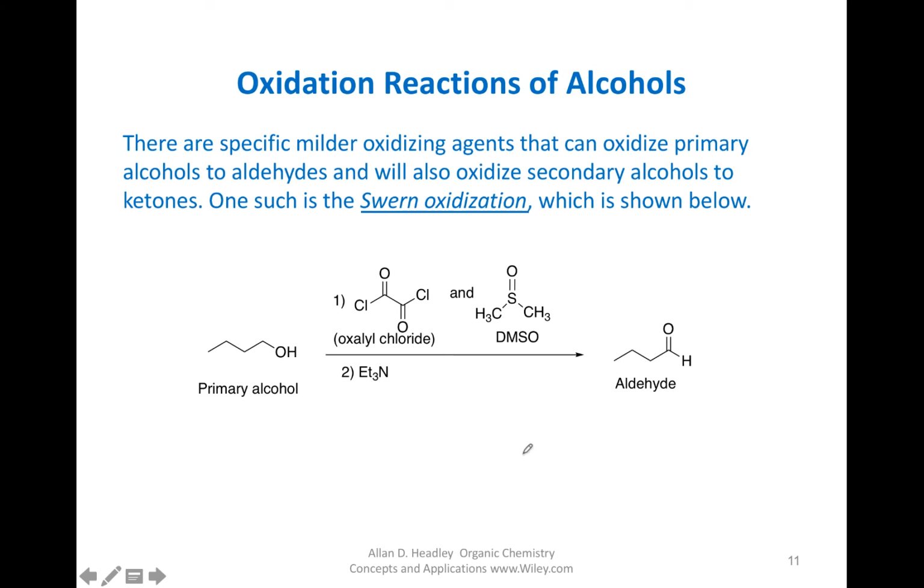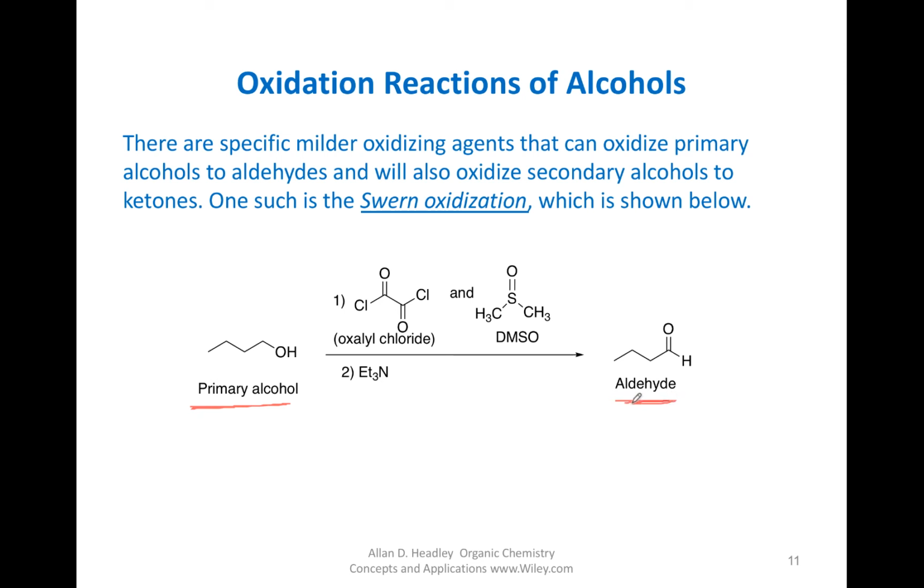The question you may be asking at this point is, is it possible to take a primary alcohol and oxidize it to an aldehyde? Because of course, as you know, in chemistry, especially organic chemistry, we need aldehydes at times and not the carboxylic acid.